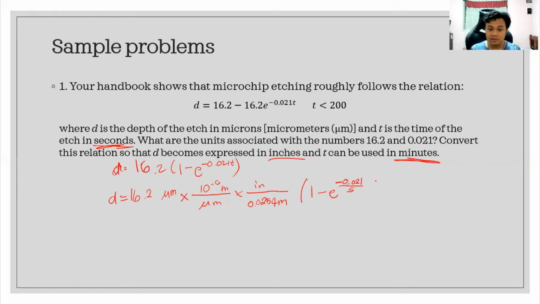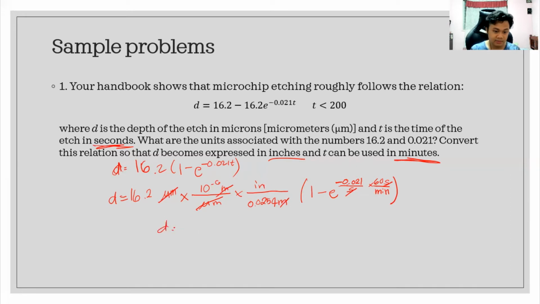If we convert that to minutes, we must multiply it by 60, since 60 seconds is in 1 minute, for the seconds to be cancelled and the per minute remains. It's the same here: the micrometer cancels, and then the meters also cancel, leaving us with the units of inches and minutes.